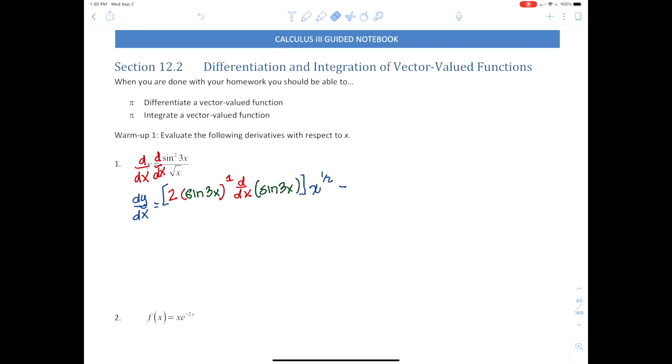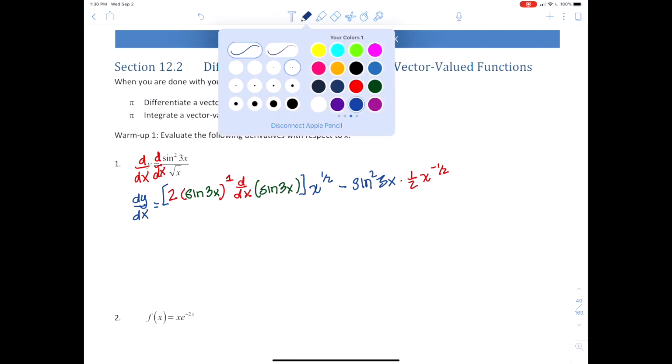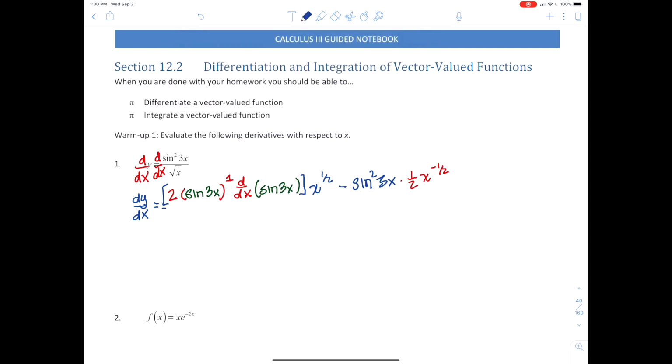Subtracting from that, we'll have sine squared of 3x, and then times, what's our derivative going to be? It's going to be 1/2 x to the negative 1/2, and that's going to be all over root x squared. All right, so continuing, we'll get dy dx is equal to.